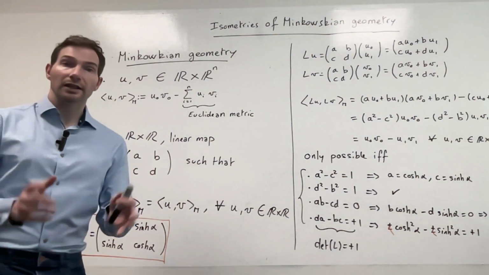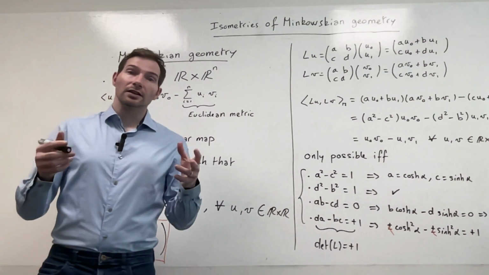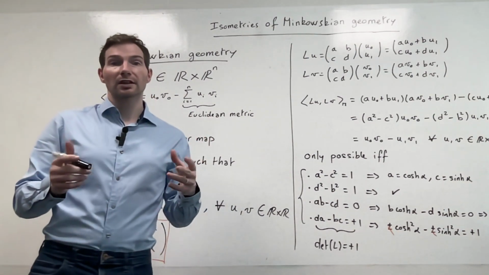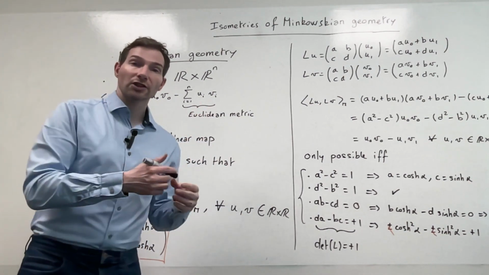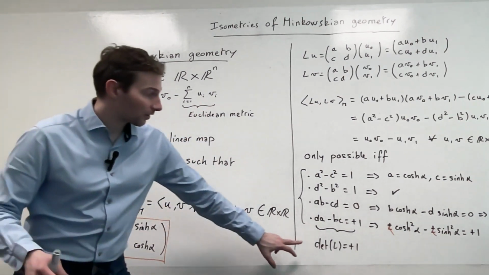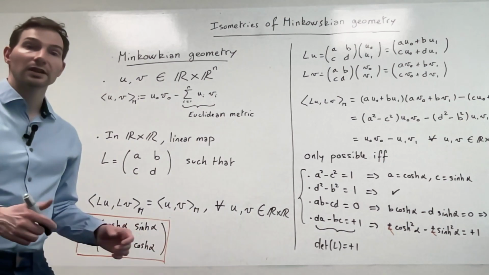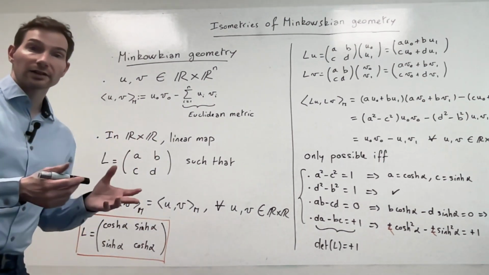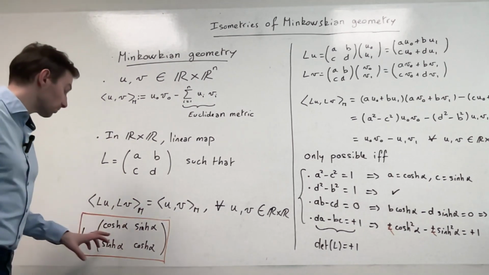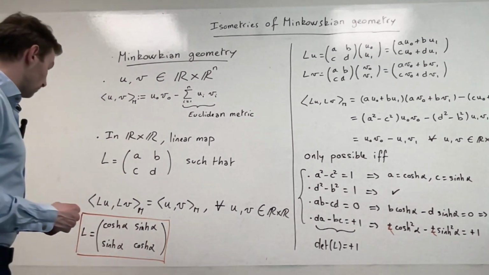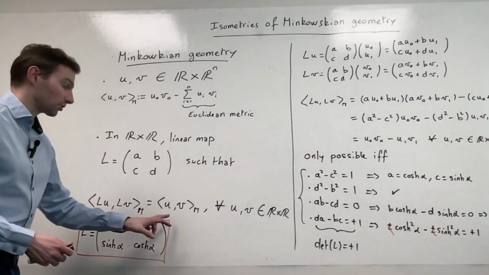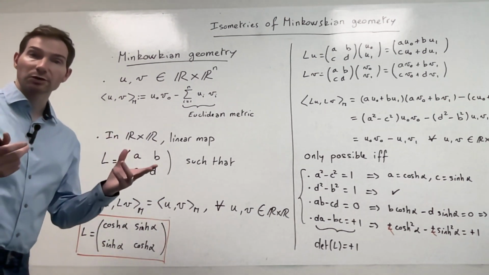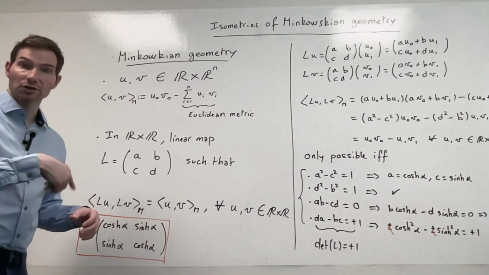Now, in the traditional case of isometries of the Euclidean metric, the transformations corresponding to that class, with the determinant being plus 1, correspond to rotations. That means if you apply that transformation onto a vector, the corresponding parametric map is going to be a circle.